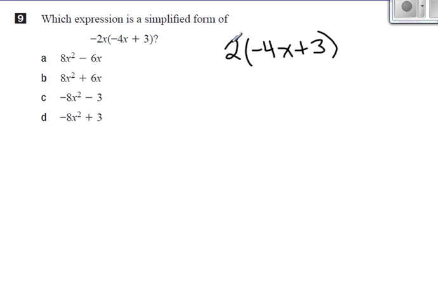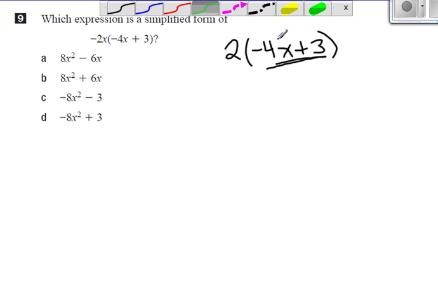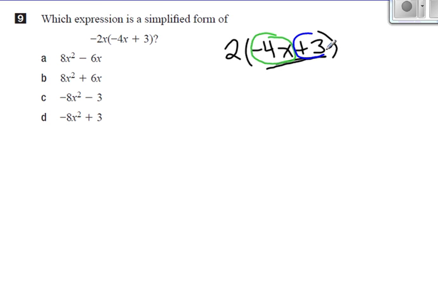This says multiply 2 times everything in this bracket. So in this bracket, you should see that there is one term called negative 4x, and there is another term called positive 3.